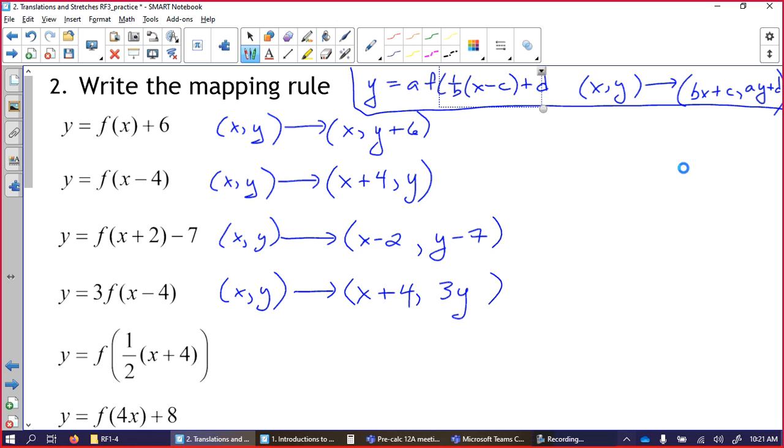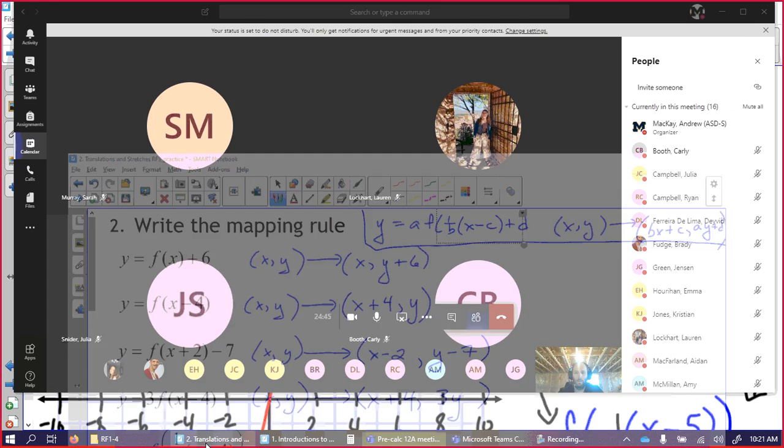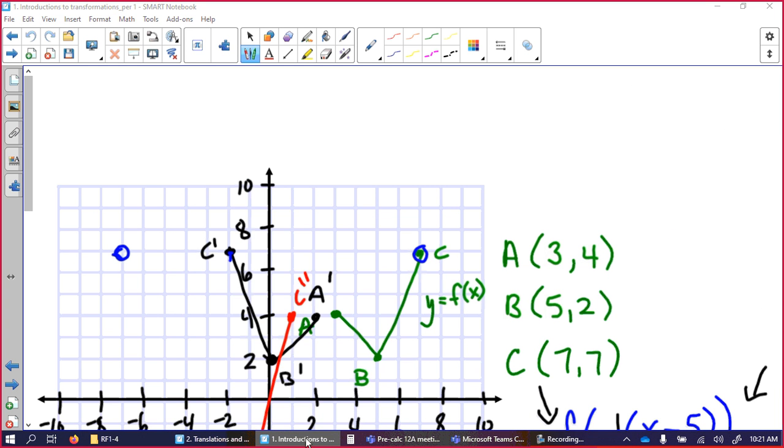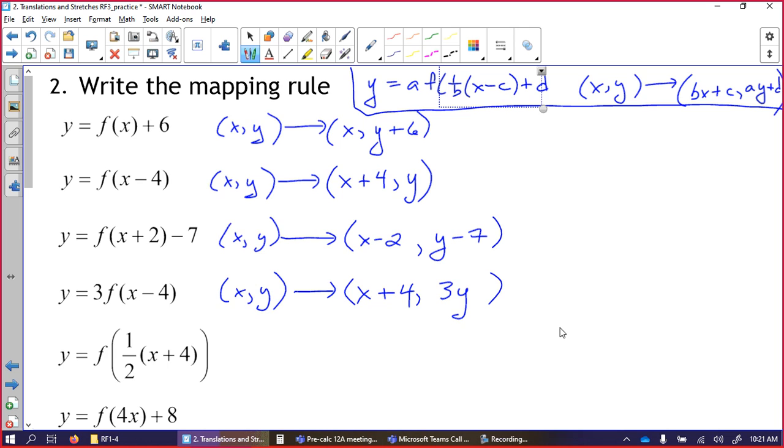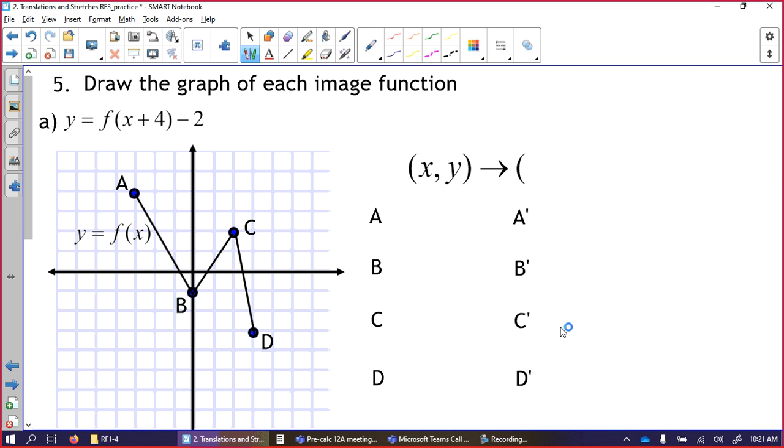Oh, good, the blue circle of wonder. It's better than the blue screen of death that we used to get on Windows. All right. Let's close that one because I don't need it. All right. Rewrite it is.